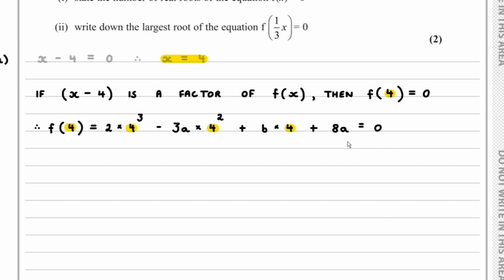This is all equal to 0. Therefore, we have 128, and minus 3a multiplied by 16 plus 8a, that's negative 40a, and we add on 4b, this is equal to 0. If we rearrange and simplify, we can conclude 10a equals 32 plus b.